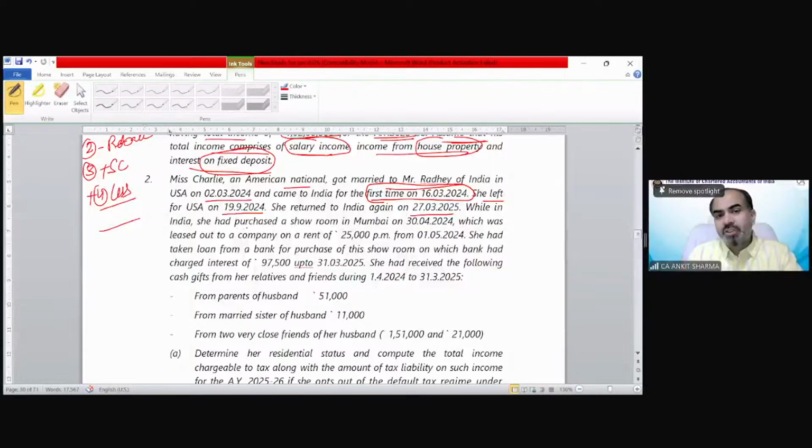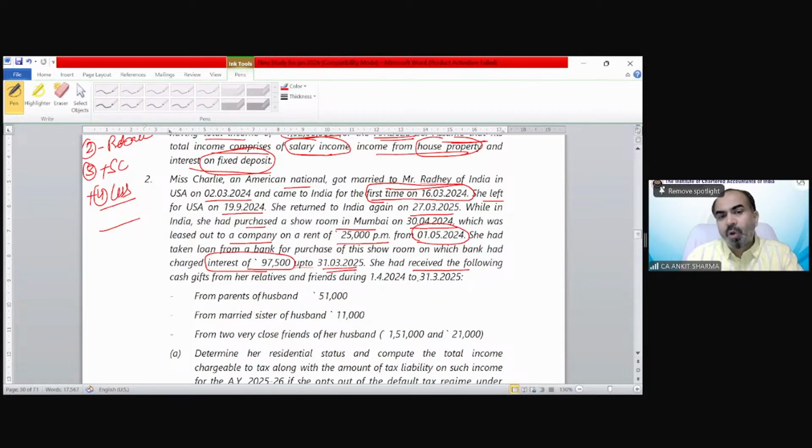While in India, she had purchased a showroom in Mumbai on 30th April 2024, which was leased out to a company on a rent of 25,000 per month from 1st May 2024. She had taken a loan from a bank for purchase of this showroom, on which the bank had charged interest of 97,500 up to 31st March 2025.